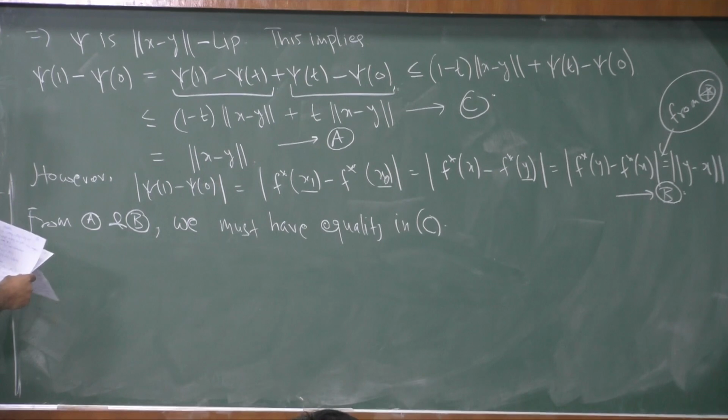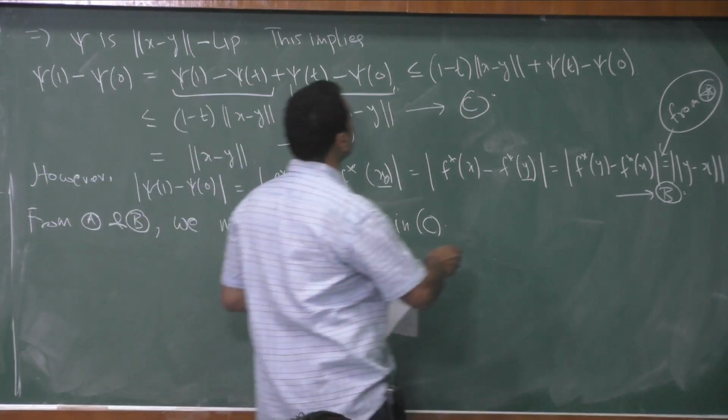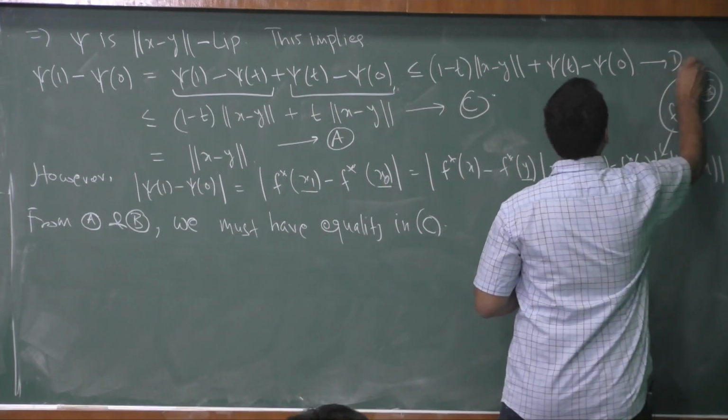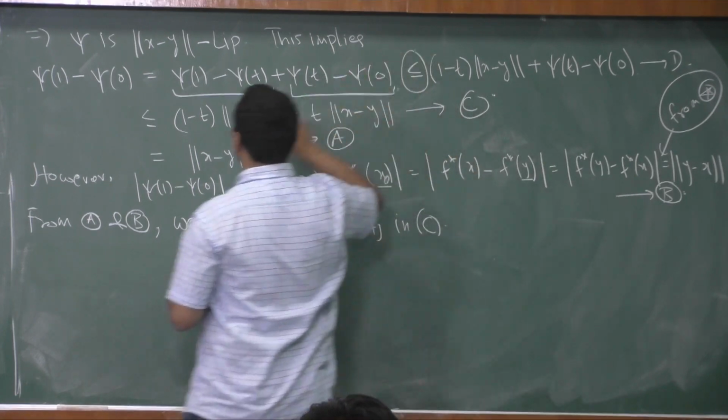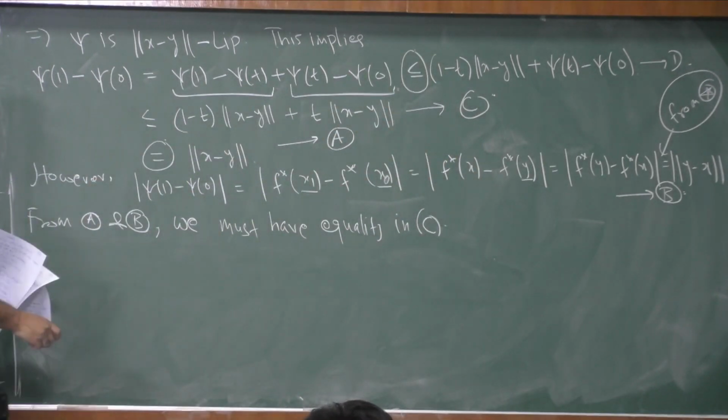So C and D also, let us say this is D. So basically we are looking at this and this, so they must be equal. Then what do we have?